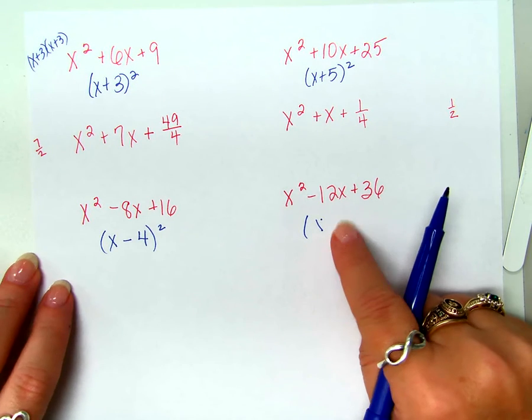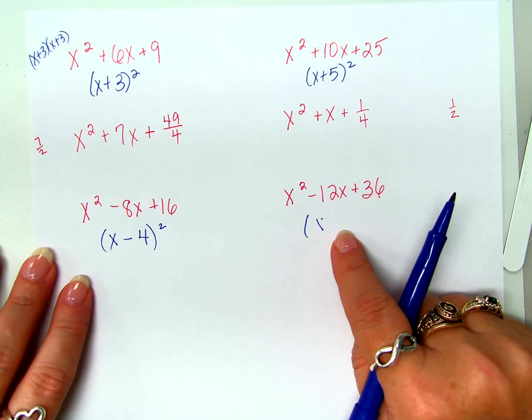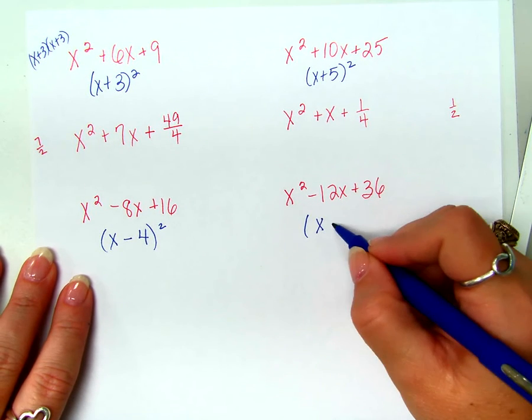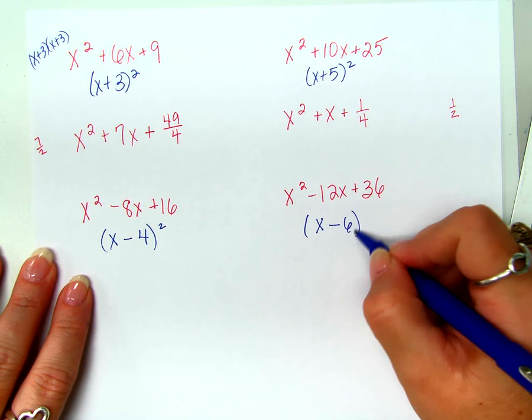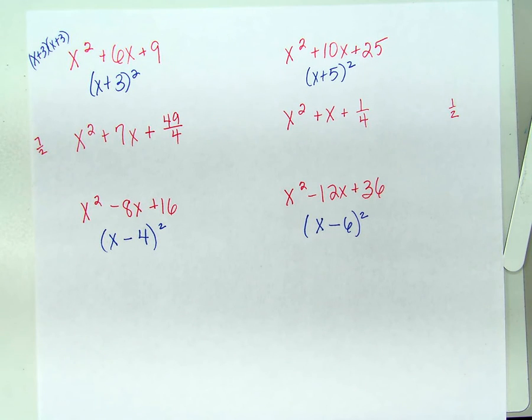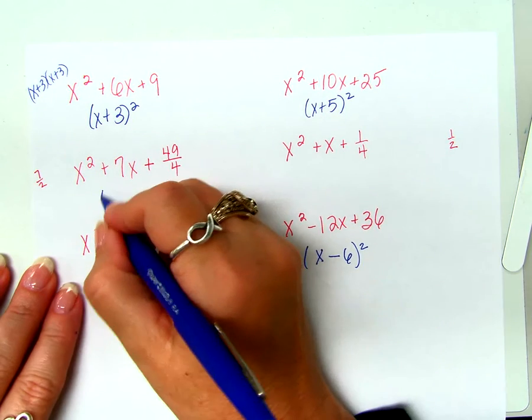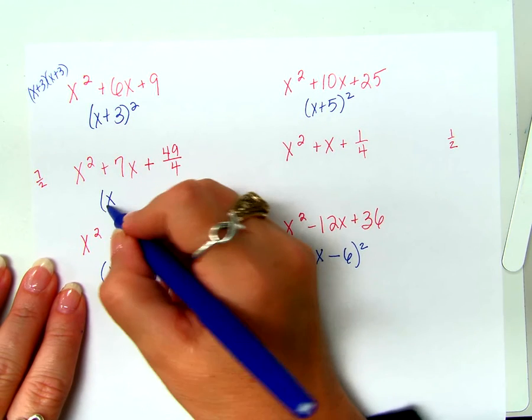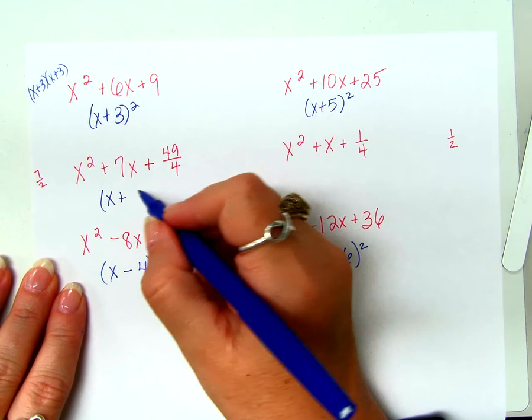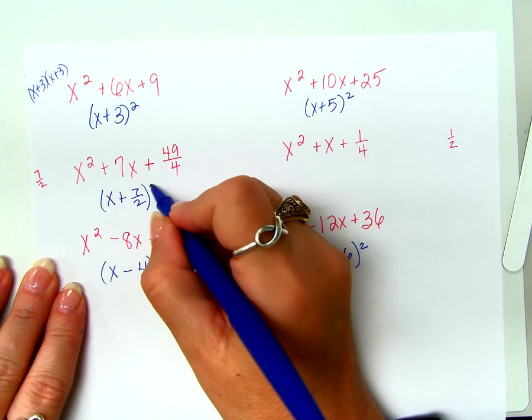So what about this one then? Let's go back here. X minus 6 squared. We got to do the fractions. I didn't intend on just completely skipping them. We got to go back. I know, you'll be okay. 7/2 squared.